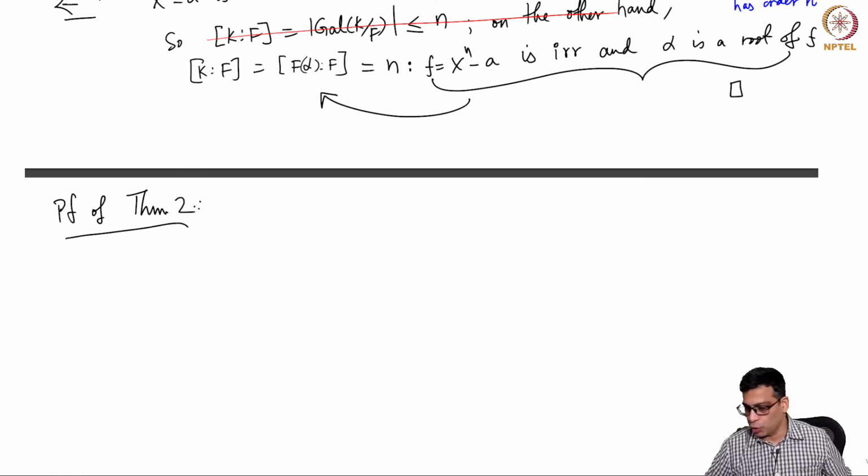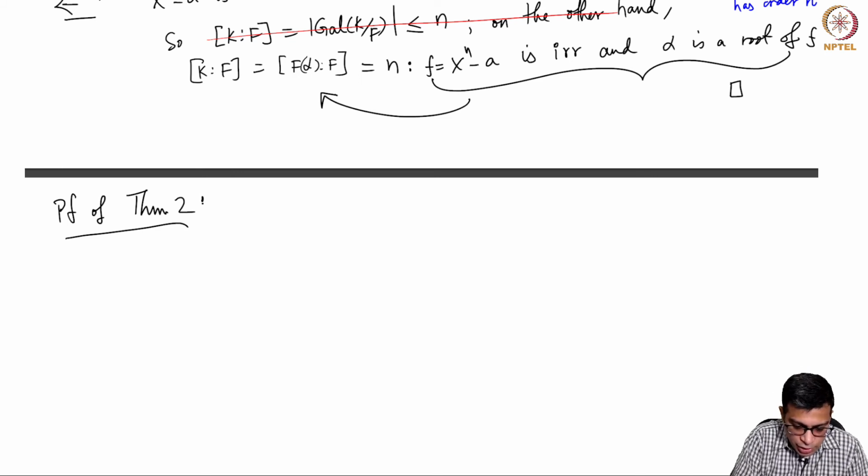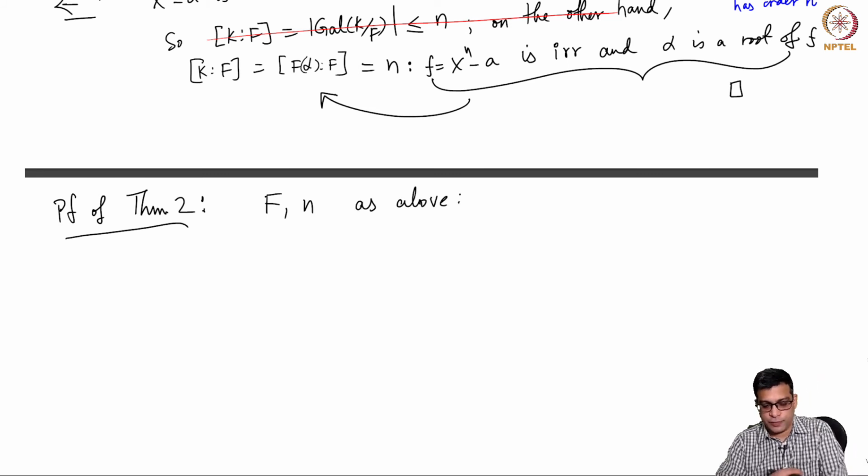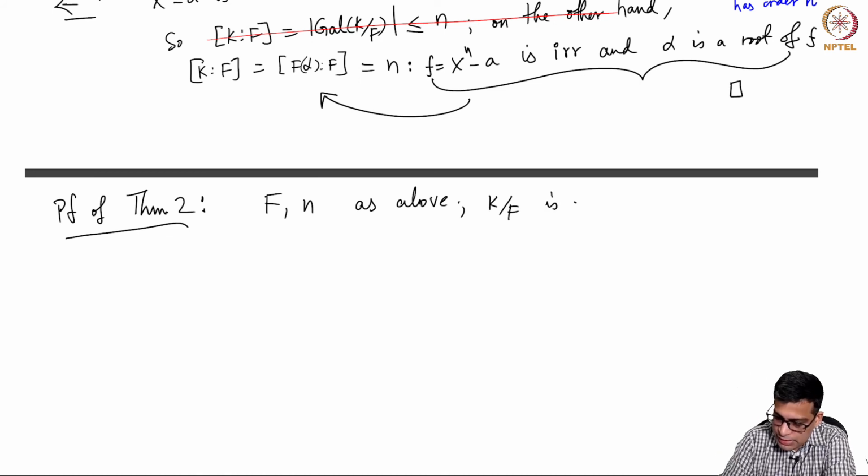Okay. So theorem 2 I will write down, so that I do not need to go back to that slide. F and n as above, that means n is a positive integer, F is a field with the characteristic assumption star, and that F contains a primitive nth root of unity. K over F is a cyclic extension.